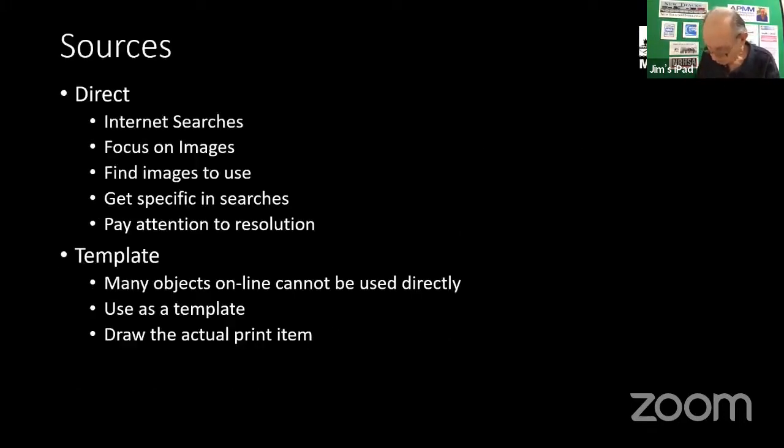If you think about using the internet, you can really use it in two different ways. You can use it to do direct internet searches and directly find things that you can potentially use as a print. A good example of that is you're building a structure.